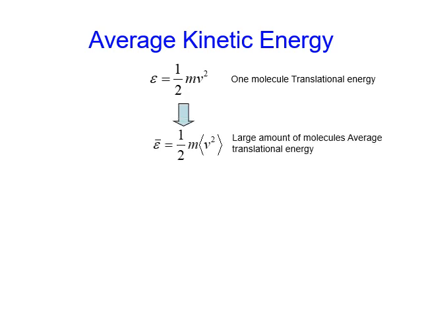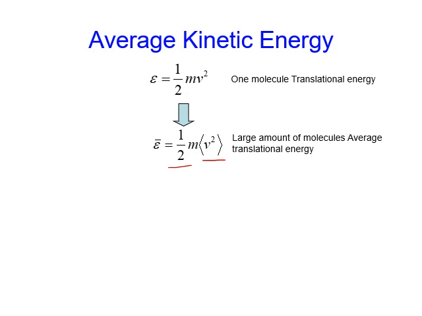So now we are ready to calculate the average kinetic energy of a certain gas phase. For an individual molecule, the kinetic energy is half mv squared. But if we have a collection of molecules, different molecules have different speeds, and therefore you need to average it. So what we have from the last slide is half m times the mean square speed.